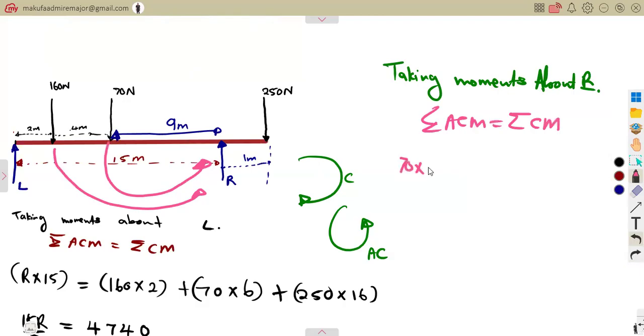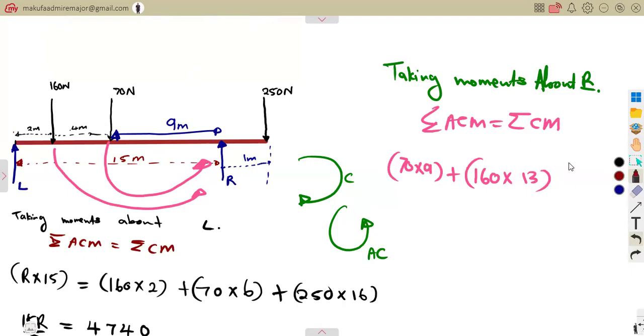So that's 70 times 9 plus the 160 back to R, which is also anti-clockwise. So that is 160 times the distance. This is 9 plus this 4, so that is 13.